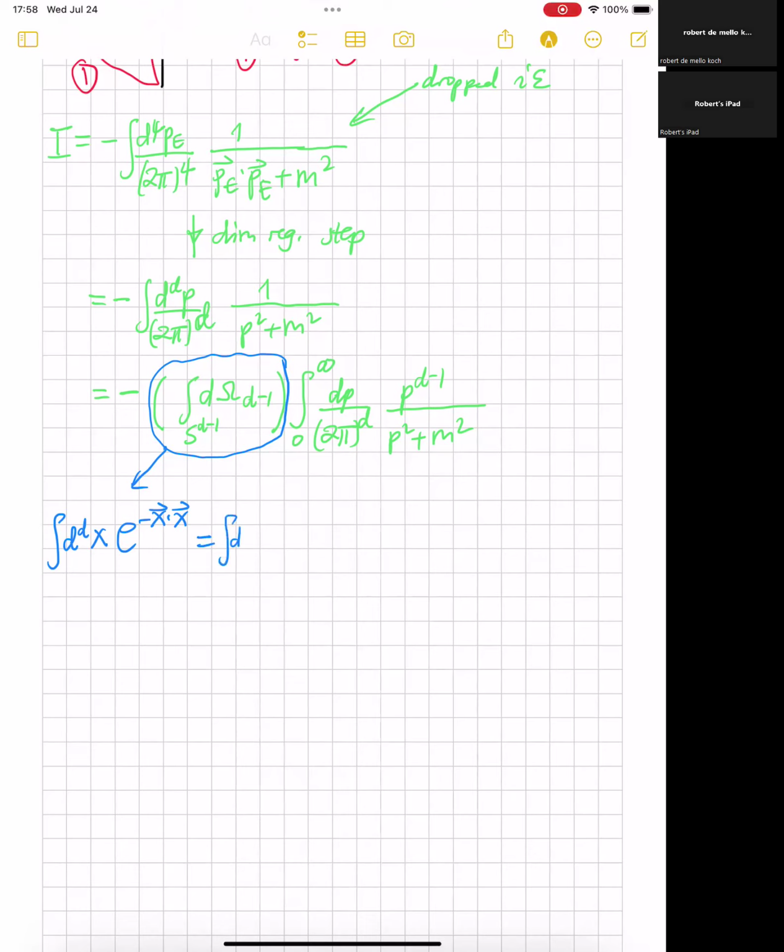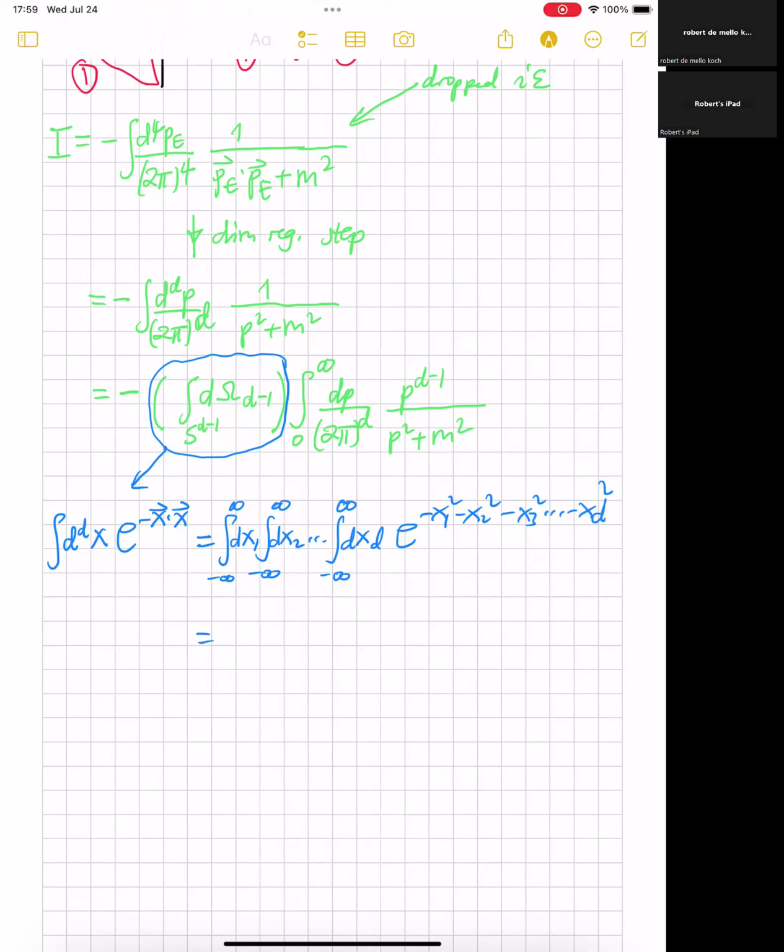It's an integral dx1, an integral dx2, keeps going up to an integral dxd. All of these, by the way, are from minus infinity up to infinity. And then we've got e to the minus x1 squared minus x2 squared minus x3 squared dot dot dot minus xd squared.